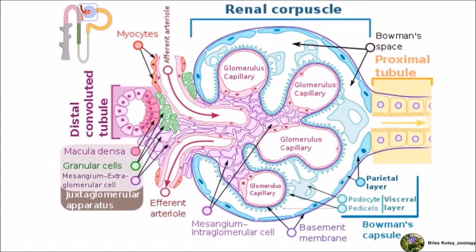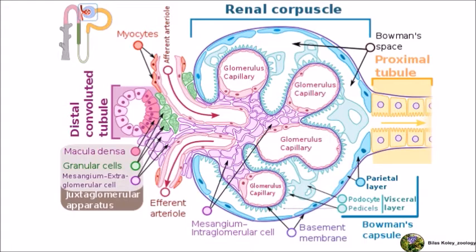The visceral layer, basement membrane, and glomerular endothelium collectively are called the filtering membrane. It acts as an ultrafilter and is responsible for ultrafiltration. The permeability of the glomerular membrane is 100 to 500 times as high as that of the usual capillary.